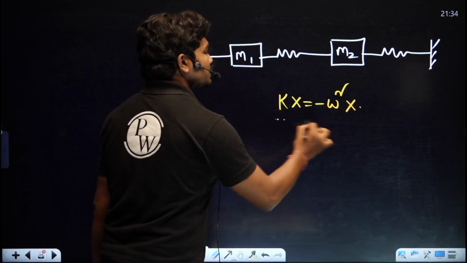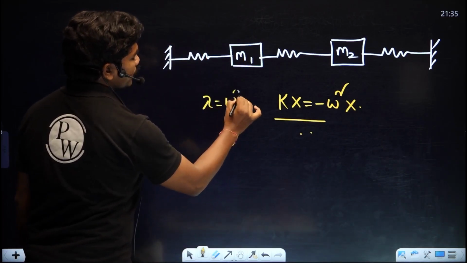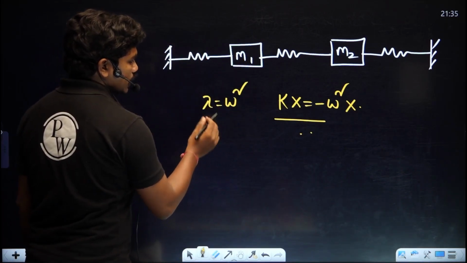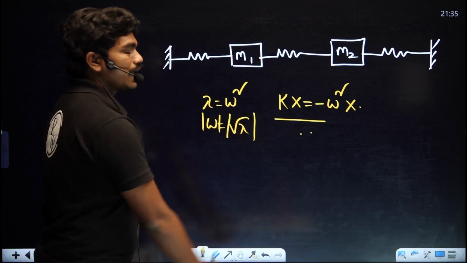This is how you get the solution, and normally this lambda is given by omega squared, so omega is the magnitude of root lambda.